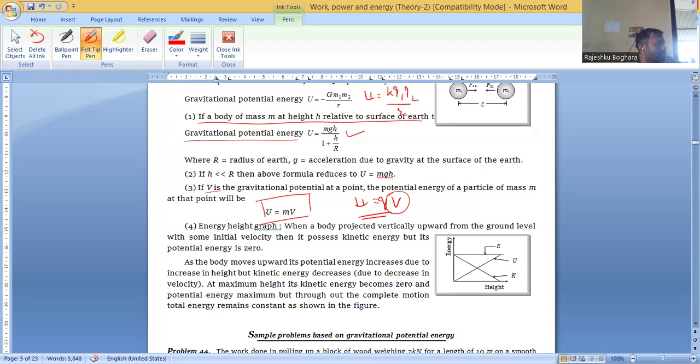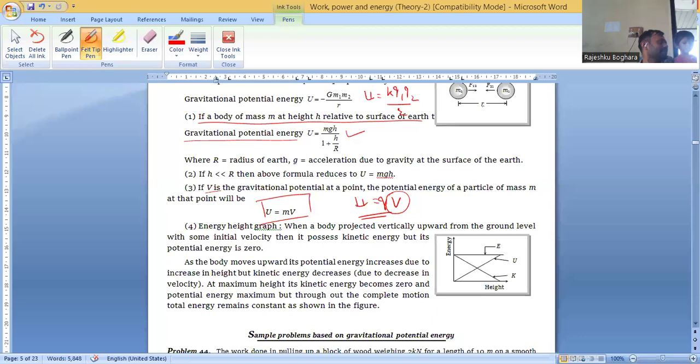Energy height graph. When a body is projected vertically upward from the ground level with some initial velocity, it possesses kinetic energy, but its potential energy is 0. At maximum height, kinetic energy is 0 and potential energy is maximum.